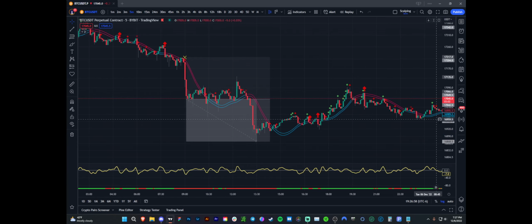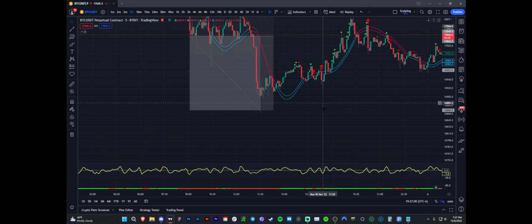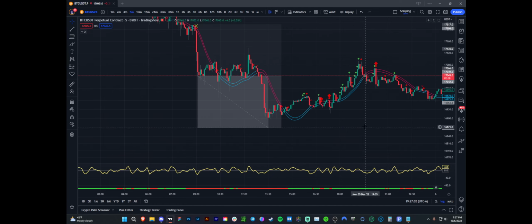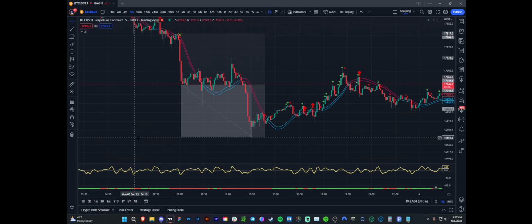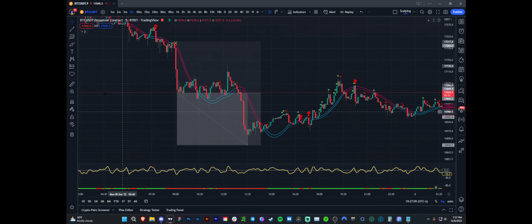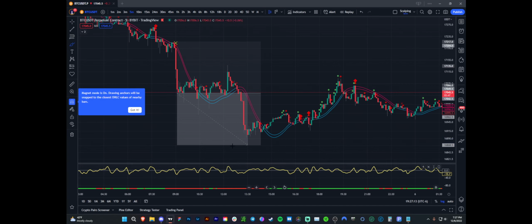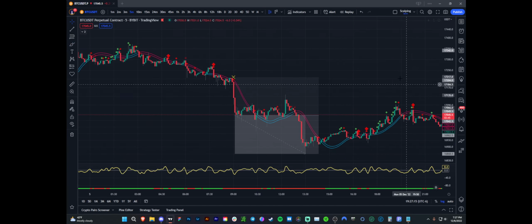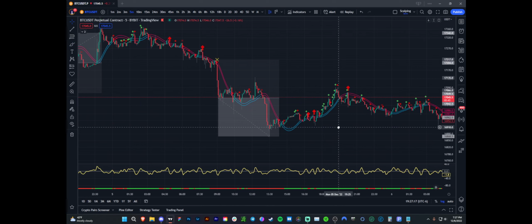And would you look at that? It hit absolutely perfectly. It couldn't have been any better than this. This bottom wick hit absolutely perfectly. So here's our 1-to-1 trade that was as perfect as it could get, honestly.